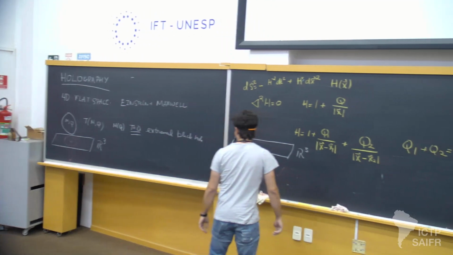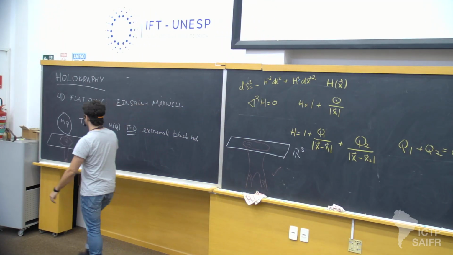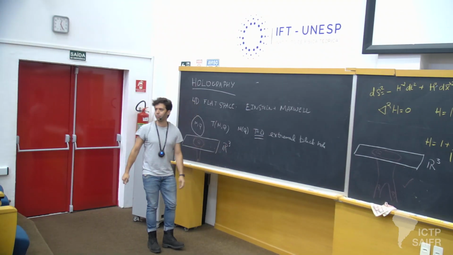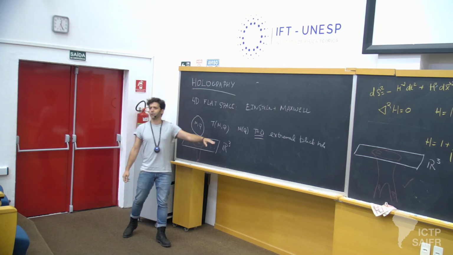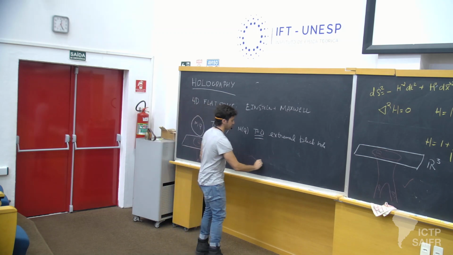There's actually a tunneling amplitude that takes you from this one to this one. It was discovered by Brill. And this instability from a single black hole to split into 2 is called the fragmentation instability.